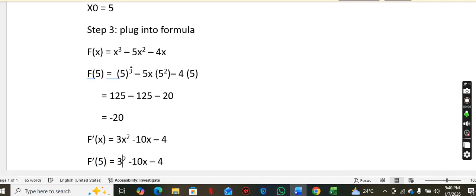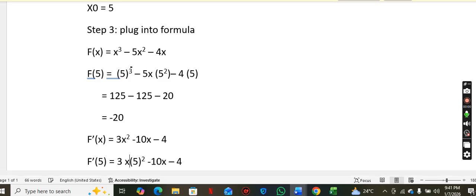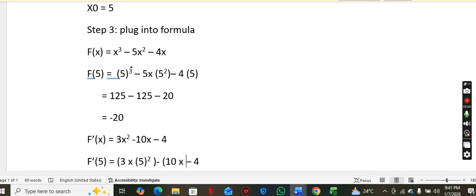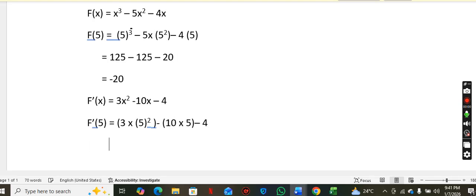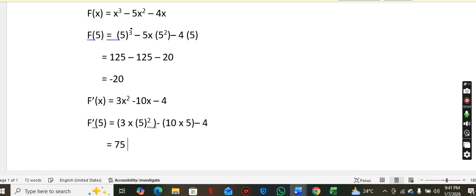So we're going to have 3 times 5 squared minus 10 times 5, where there's x, I'm substituting it with 5, minus 4. 5 squared, that's 25. 25 times 3, 75.